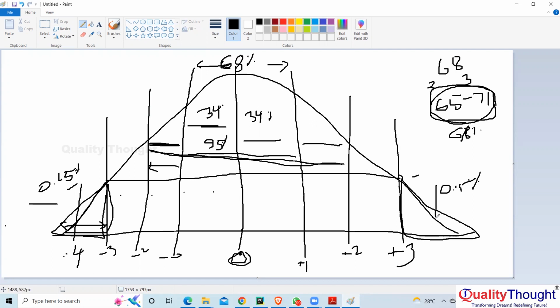If you go till 4 sigma, it is 99.997%. As you increase, it becomes very difficult to be accurate and you'll have a very small percentage. So generally we take 3 sigma, and values beyond 3 sigma we ignore. These are outliers.